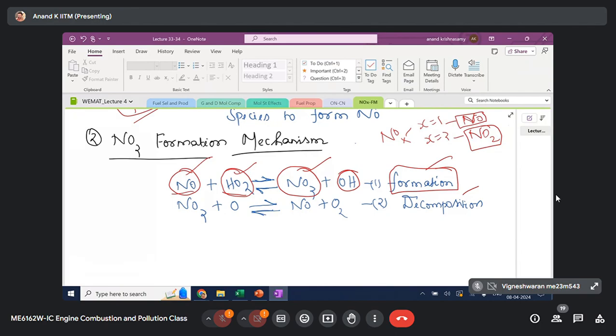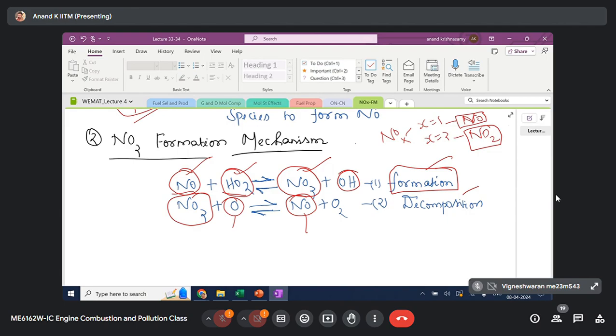What is also happening is that once the NO2 is formed in the cylinder, this NO2 reacts with the O radical, the oxygen radical. Oxygen radical is an active species which is also available in the cylinder. So this NO2 combines with O and forms NO. So you are actually getting back NO. NO2 is formed initially in the first step.